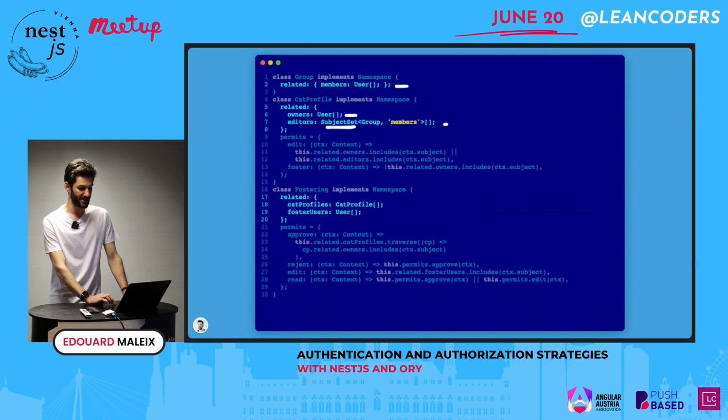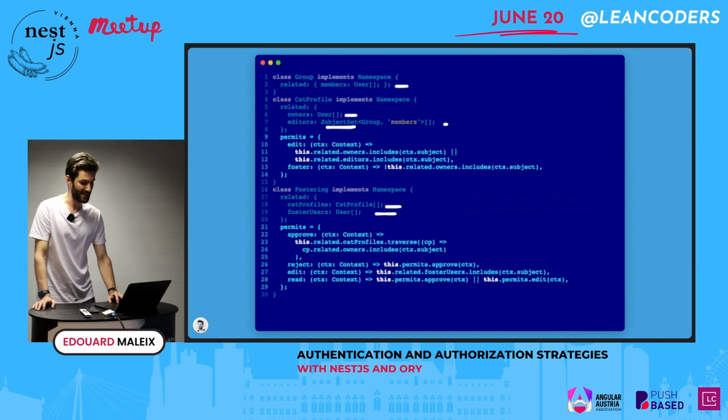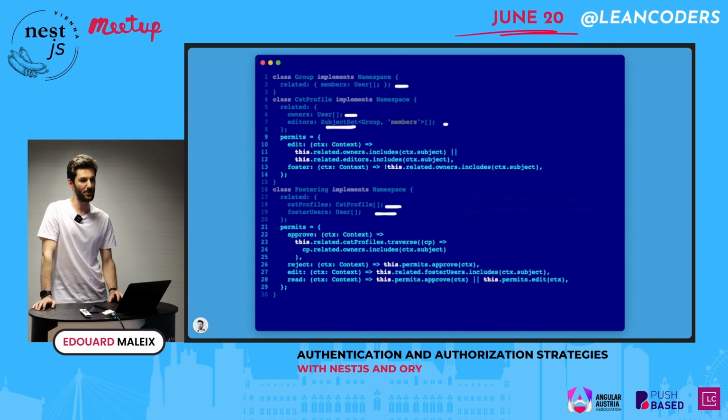For the fostering request, we will have a relationship with the cat profile, obviously, and the foster user, so the participant, those who requested to foster a given cat. And now the permissions. The permissions make use of the relationships to compute whether or not the user can perform a given action.